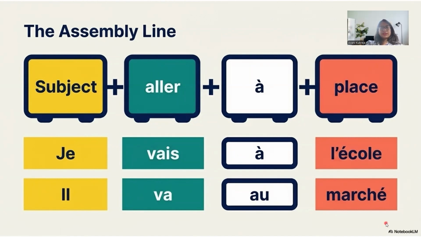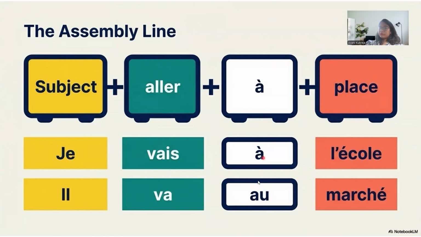What does this mean? Marché is market, grocery store, yes. But why have we used this preposition au? Why have we not used à?